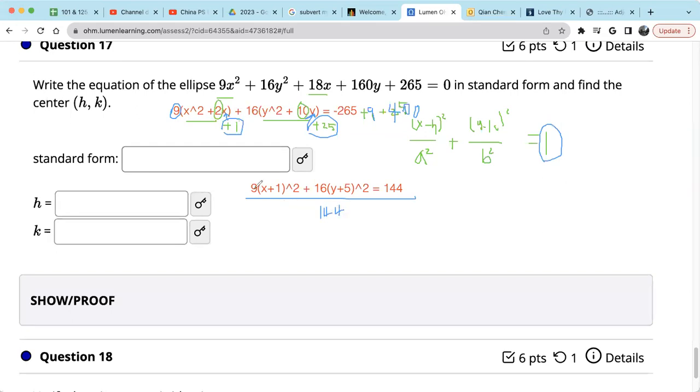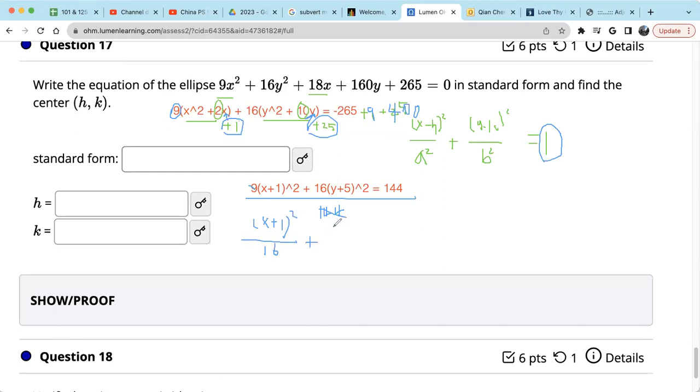By doing this, 9 divided by 144, what do I get? I get x plus 1 squared divided by 16, right? Because 9 times 16 is 144.